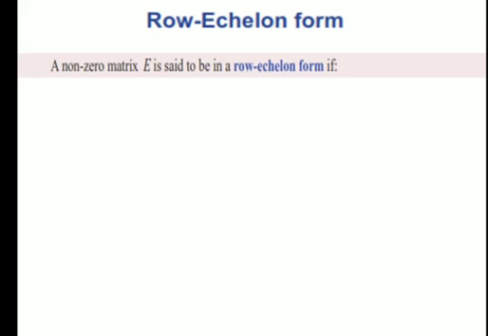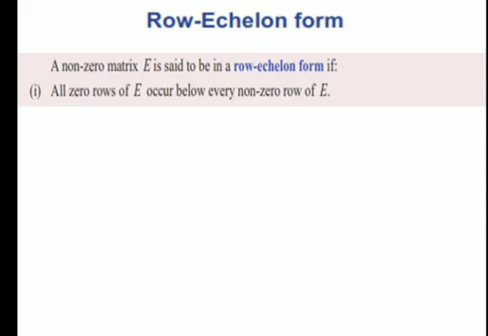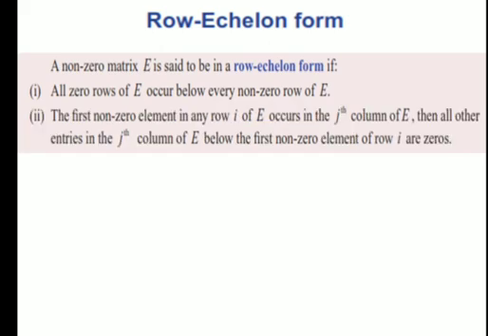Row echelon form. The non-zero matrix E is said to be in a row echelon form if all zero rows of E occur below every non-zero row of E. The first non-zero element in any row i of E occurs in the jth column of E. Then all other entries in the jth column of E below the first non-zero element of row i are zeros.